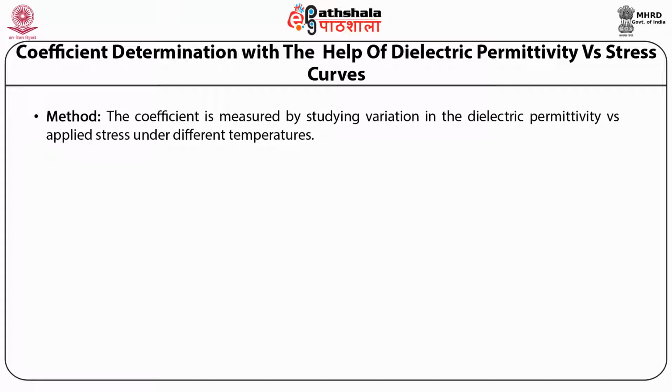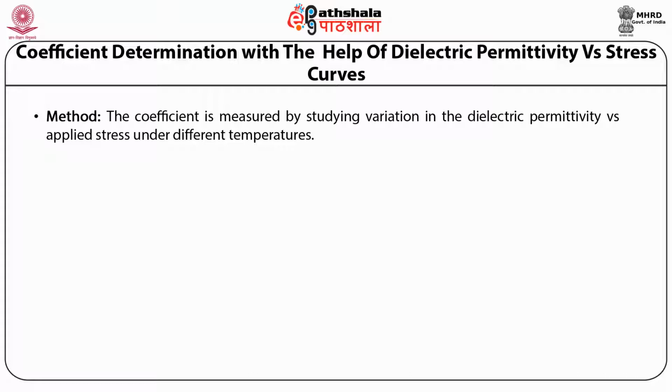So with the help of Gibbs free energy and changing the order of differentiation, we get the converse effect of electrostriction as given by dG1 equal to minus S_ij dX_ij plus E_i dP_i minus S dT, where G1 is the elastic Gibbs free energy, X_ij is the stress, S is entropy, and T is the temperature.